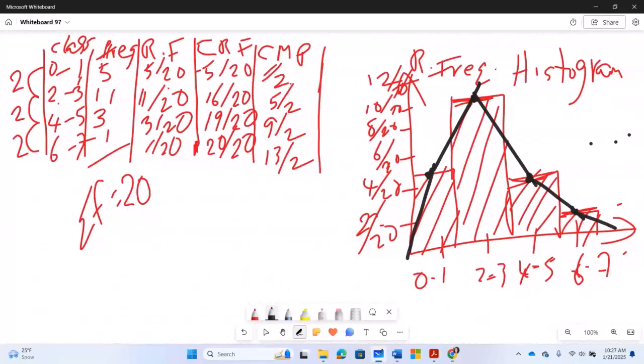And then this black line is the relative frequency polygon. So you could be told to draw a relative frequency polygon inside your relative frequency histogram.